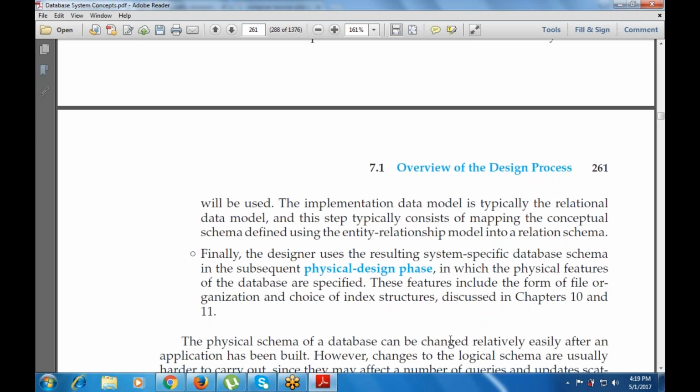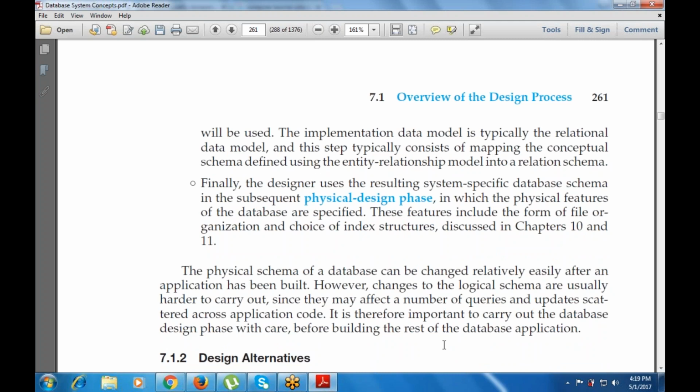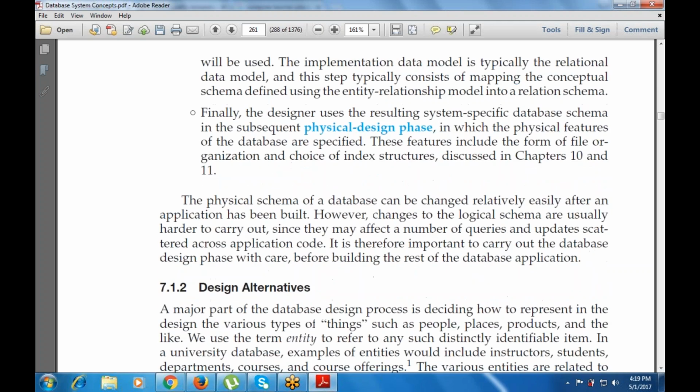However, changes to the logical design are usually harder to carry out, since they affect the number of queries and updates scattered across the application code. So it is much easier to change the physical schema than the logical schema. It is also important to carry out the database design phase with care before building the rest of the database application.